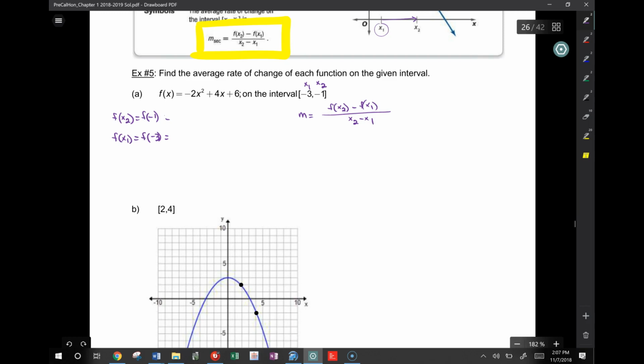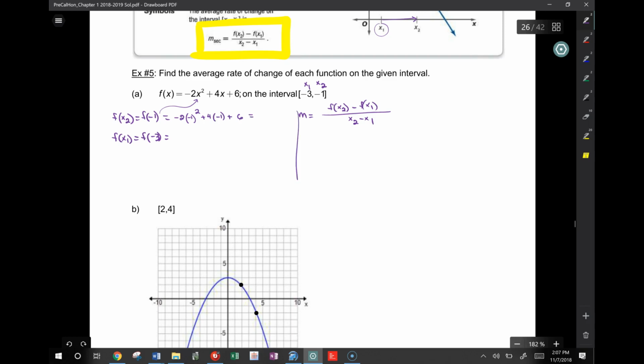So now if I want f of x2, that's f of negative 1. I take negative 1 and plug it into here. Negative 2 times negative 1 squared plus 4 times negative 1 plus 6.